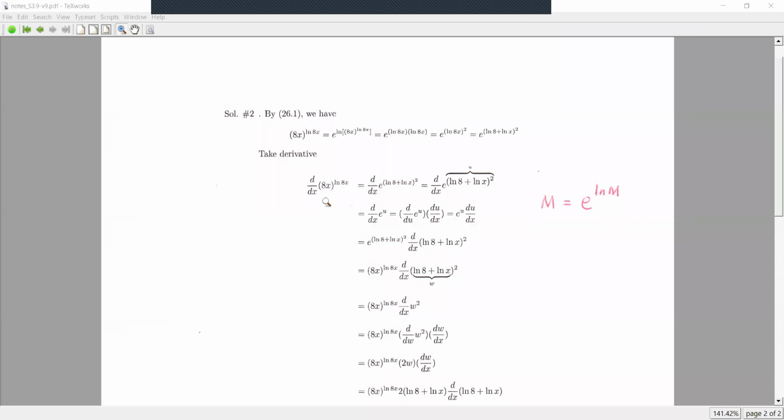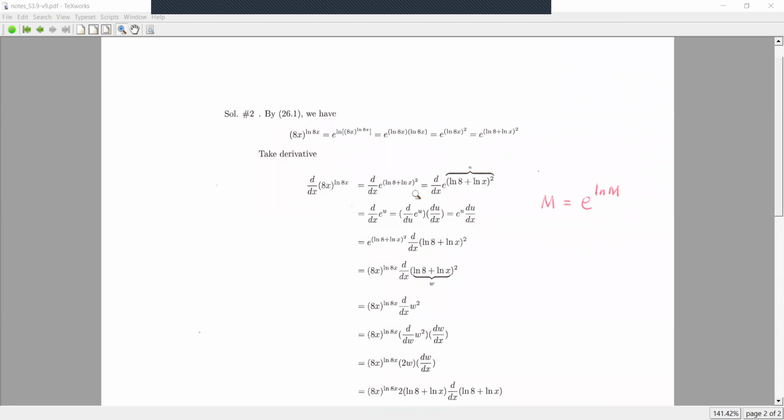Now, take derivative on the tower function. Because of this equation, the derivative is equal to the derivative of this exponential function. To compute this derivative, I want to simplify the function. I use u for the power.